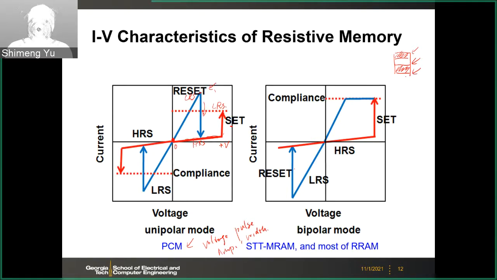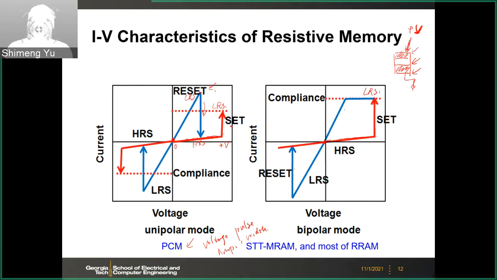So you have to define a reference electrode. For example, you ground the bottom one and then apply the voltage to the top electrode. If you ground the bottom, then you use the bottom as a reference. Then you apply positive voltage here. The device first is in the HRS, and then after some threshold voltage it is set to the low resistance state, LRS.